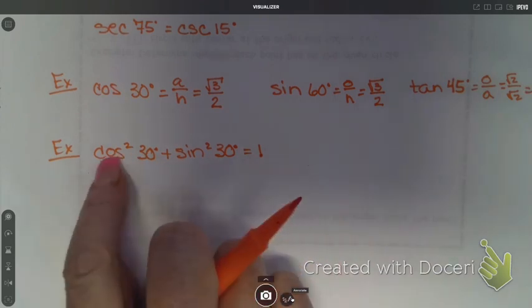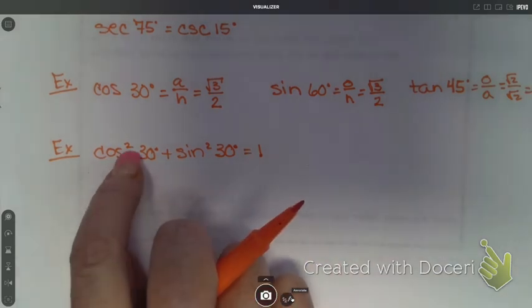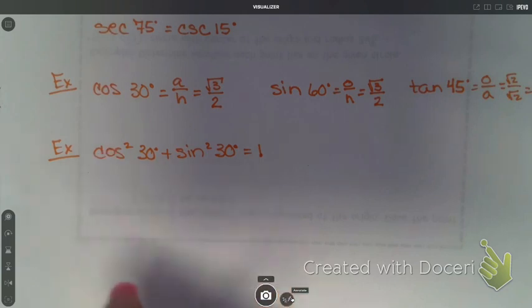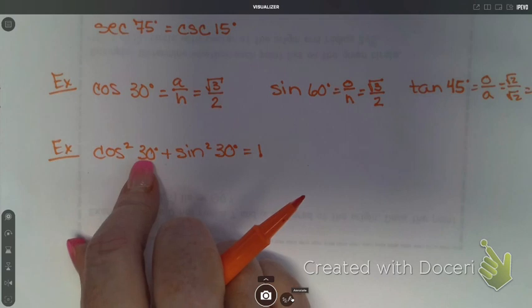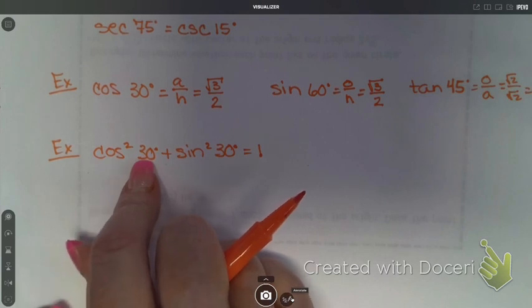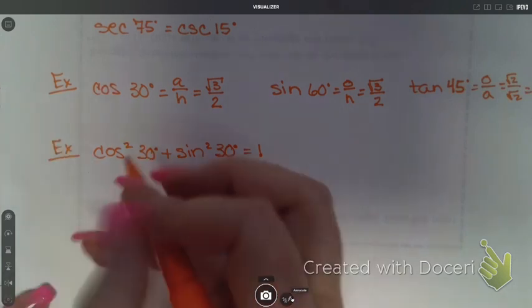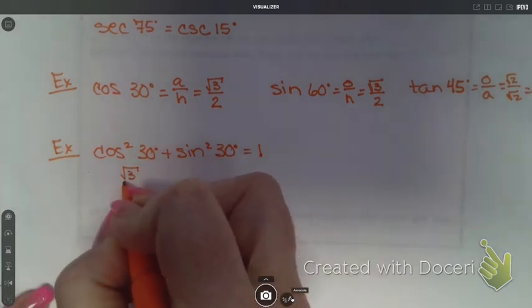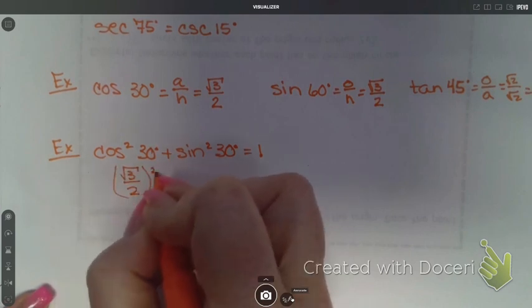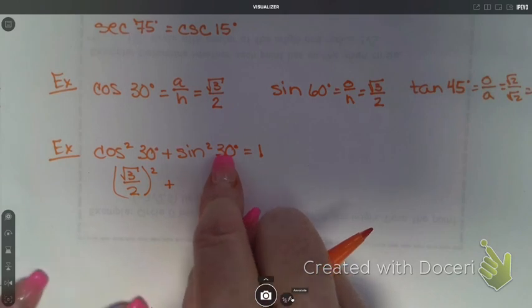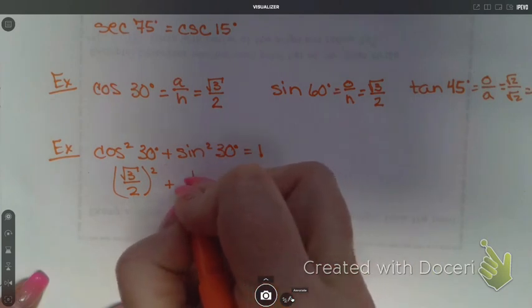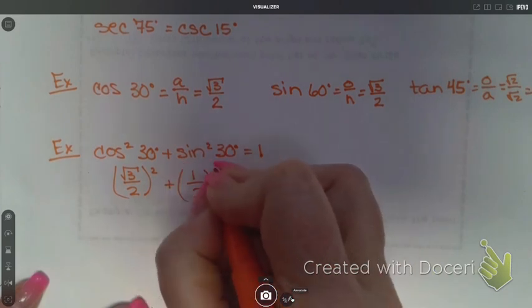So this means I do this cosine of 30 and then I square it, right? We can't square the function. So cosine of 30, adjacent to 30, or opposite 30 is 1. So adjacent is, so I have square root of 3 over 2 squared plus opposite of 30 is, no, 1 over 2 squared.